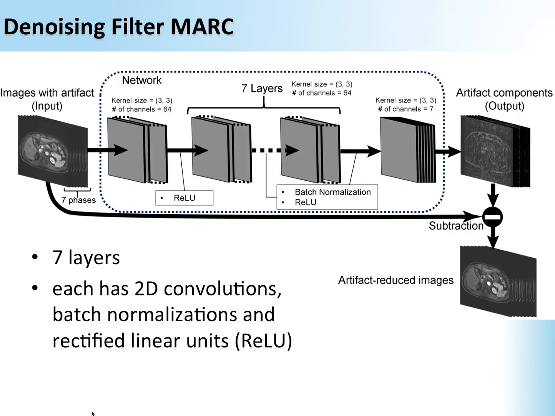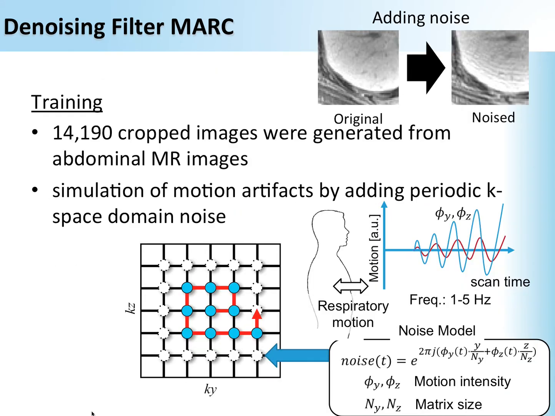It extracts the artifact's components from the input images and was developed on such a CNN consisting of 7 layers. Each layer has two-dimensional convolutions, batch normalizations, and rectified linear units. It was trained on 14,190 cropped images, which were generated from model abdominal MR images.